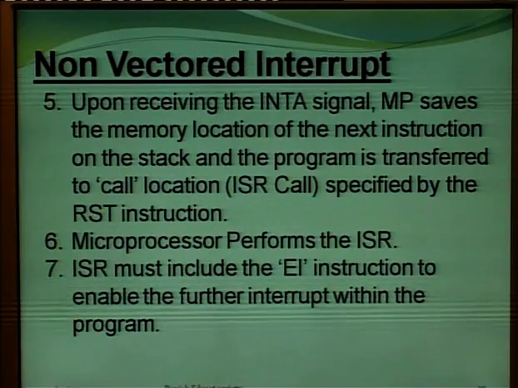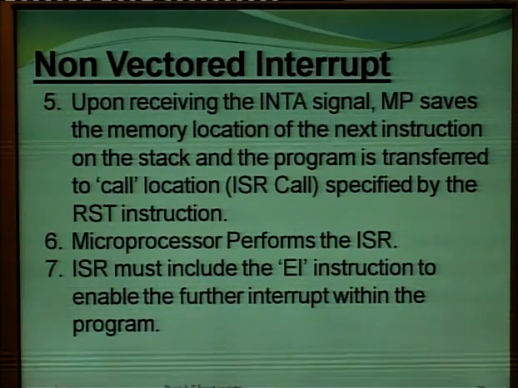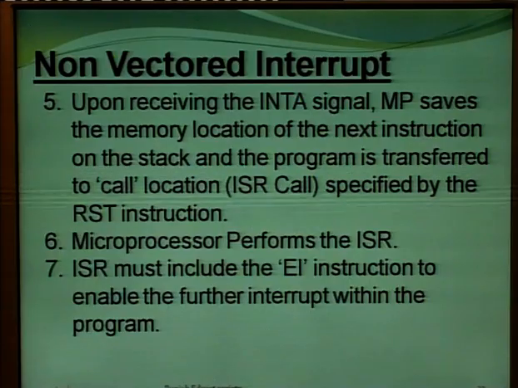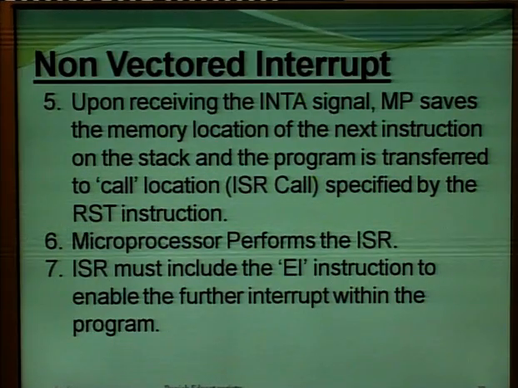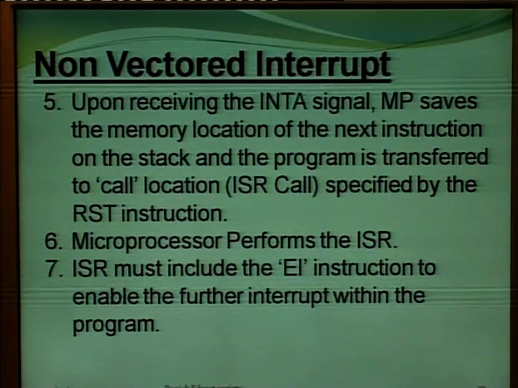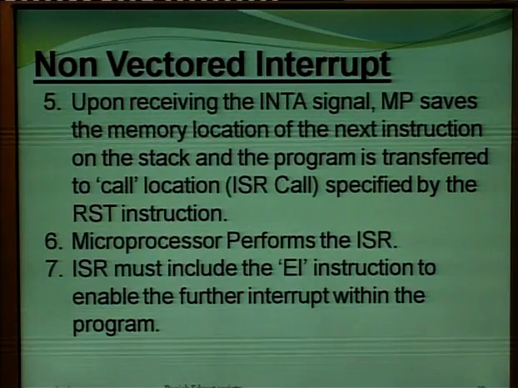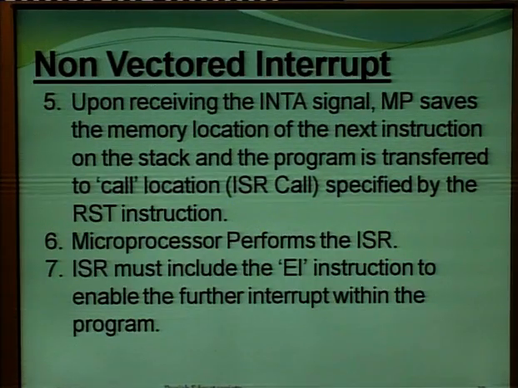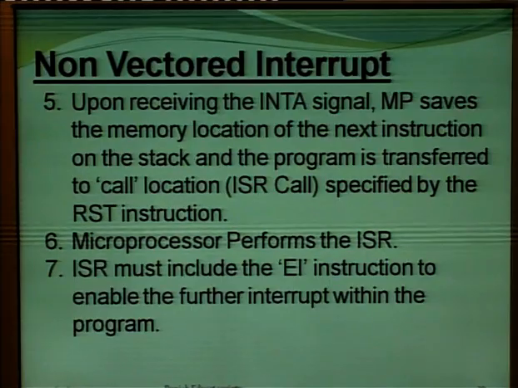So, in case of INTR, the RST address, the vectored address, is supplied by the external device to the microprocessor, whereas in case of all other interrupts, the address is already known. Then the microprocessor performs the ISR.